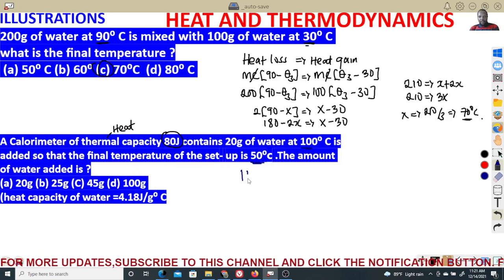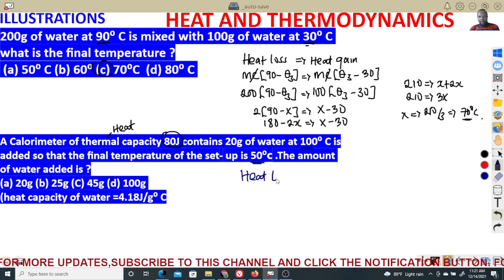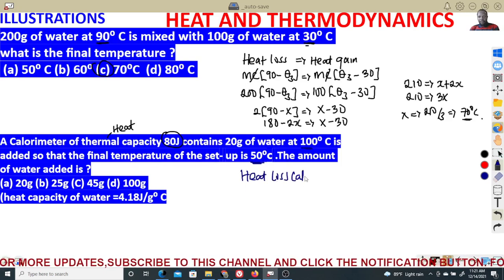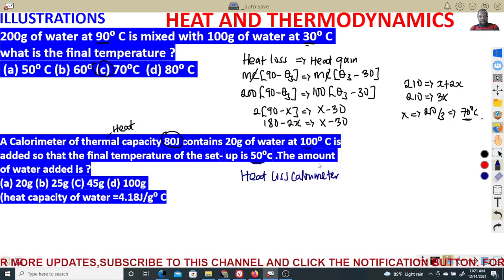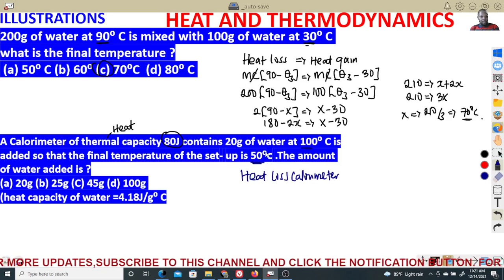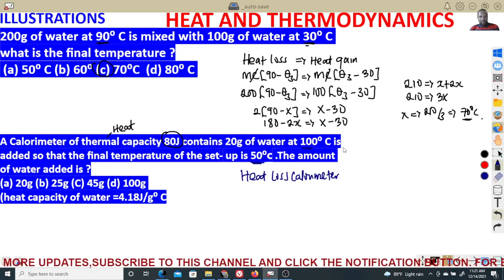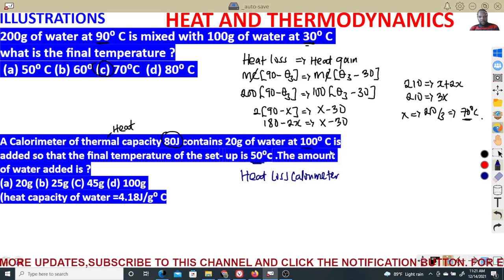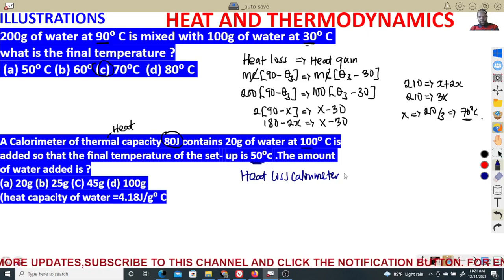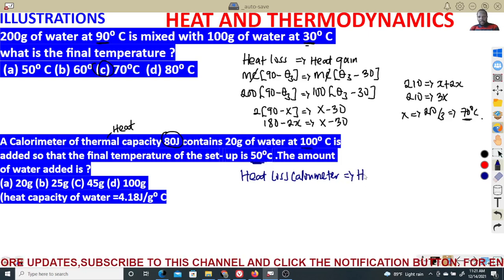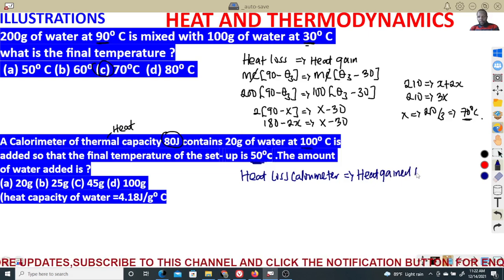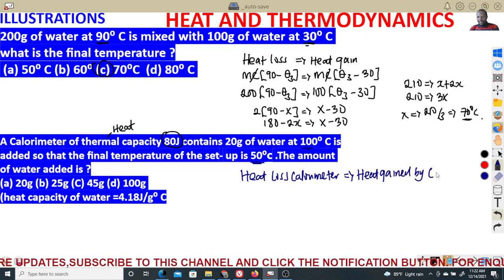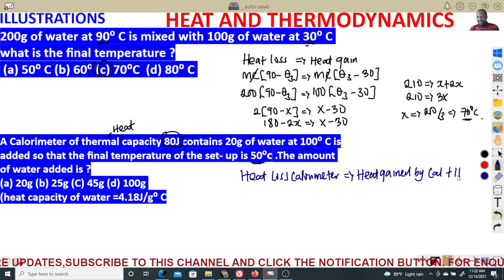Heat lost by the calorimeter, because it's the one with the highest amount of heat, is equal to heat gained by the calorimeter and the heat gained by the water.